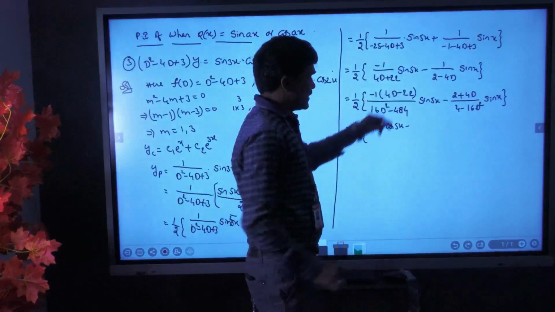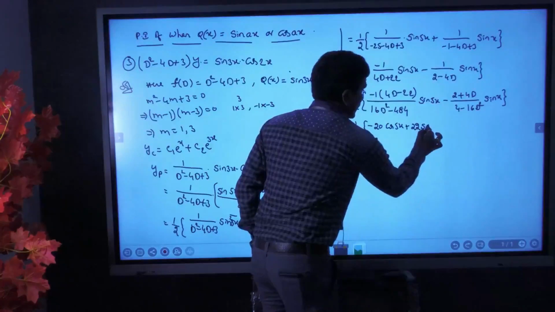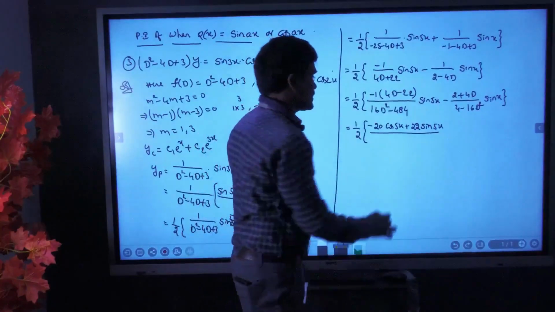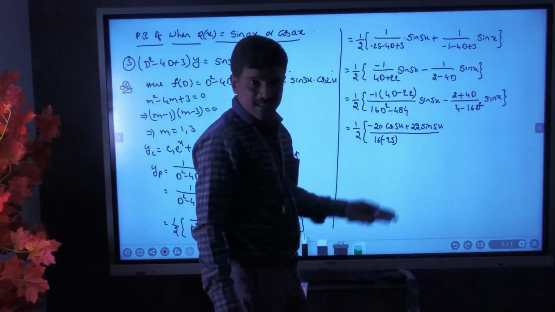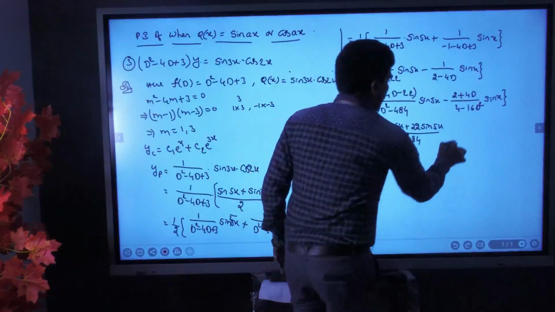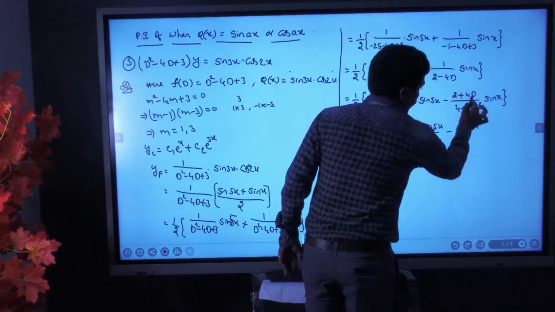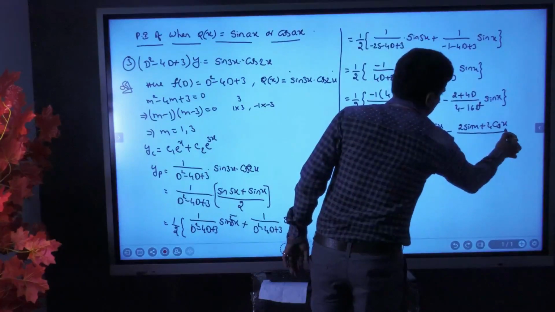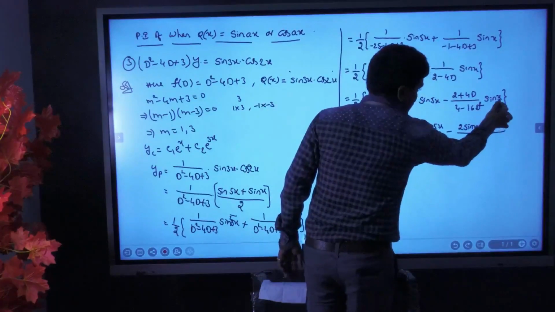So here minus of minus plus, so 22 sin 5x by, here replace d square with minus a square, 16 into, in place of d square write minus 5 square, minus 484, minus here 2 sin ax plus 4 derivative of sin ax.